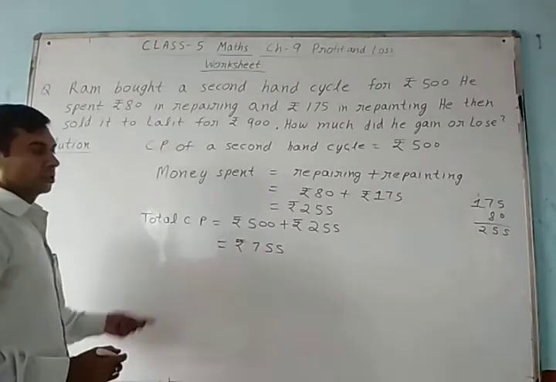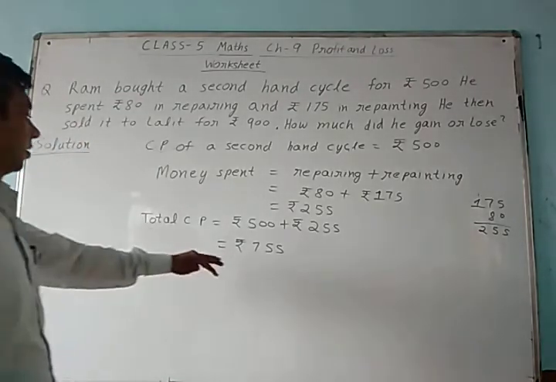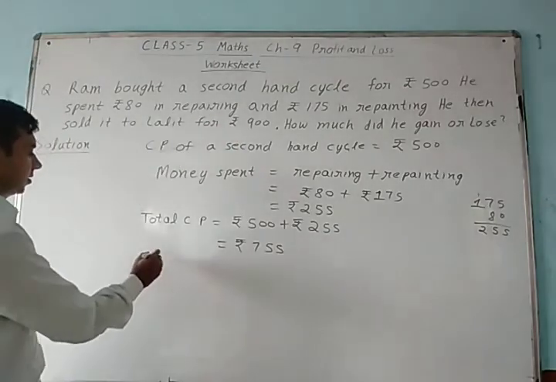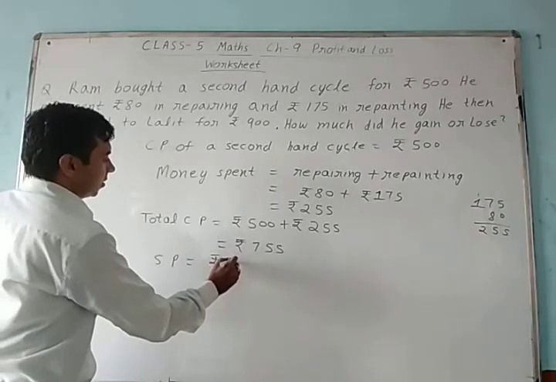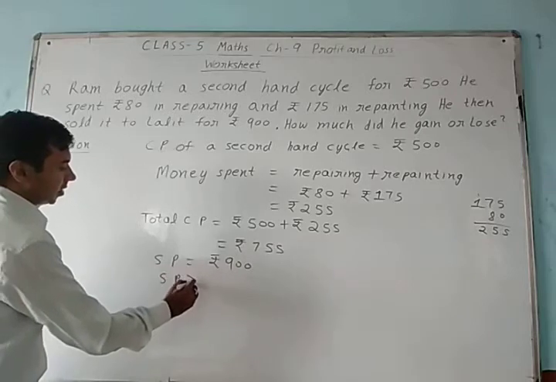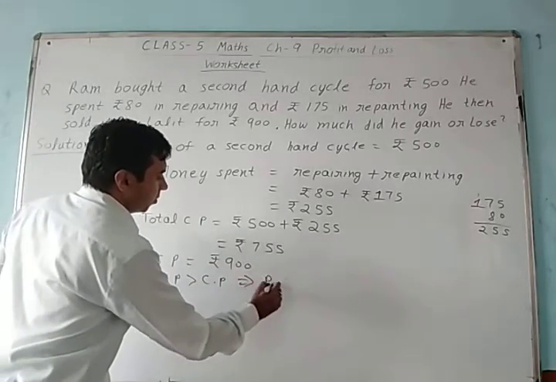This is the total cost price. Now student, see, he sold at rupees 900. Selling price rupees 900. Selling price greater than cost price. So student, it is profit.